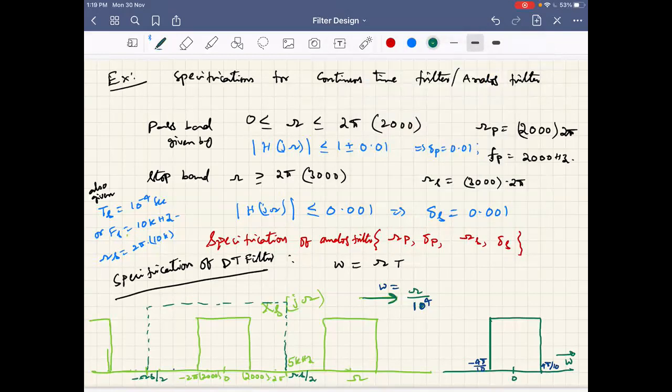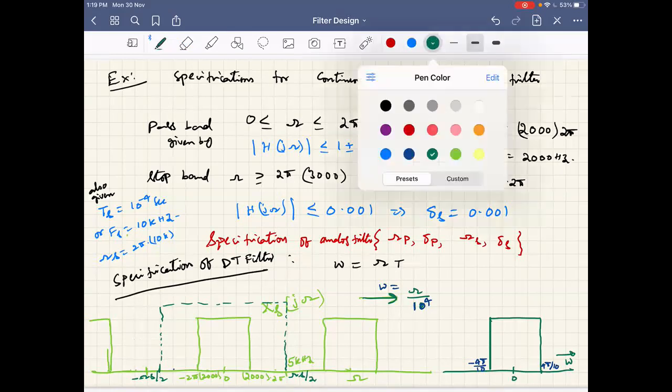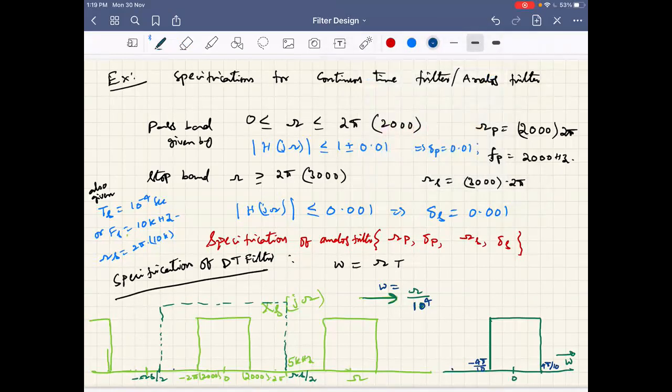This is omega_s by 2. Very good. So this is right up to here, minus pi and pi. You can see that the magnitude, the height, we can scale it by 1 by T. I am just leaving the magnitude of the spectrum because that's not very important for us, but you can see that this is the frequency response.